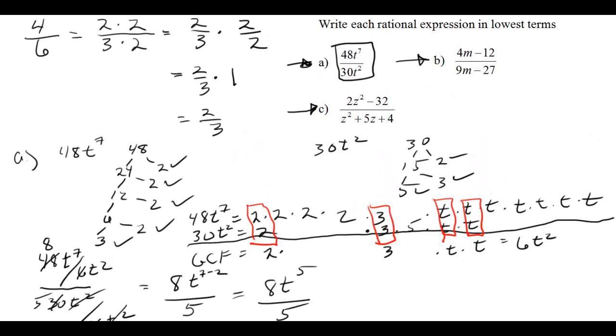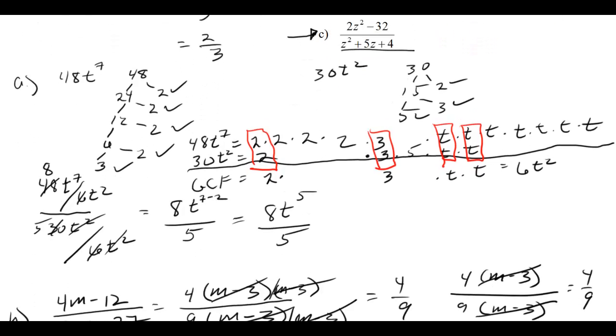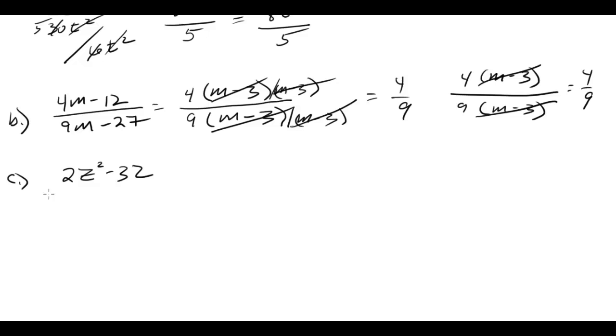Our divisor is this trinomial, z squared plus 5z plus 4, over z squared plus 5z plus 4. Okay. Well, got to factor everything out. So let's factor out 2. Then I'm left with z squared minus 16.